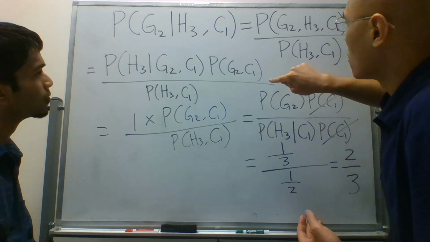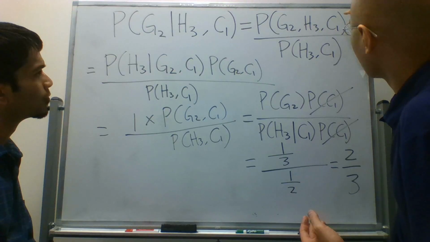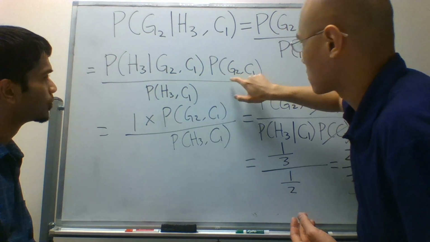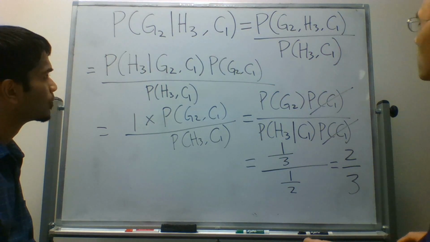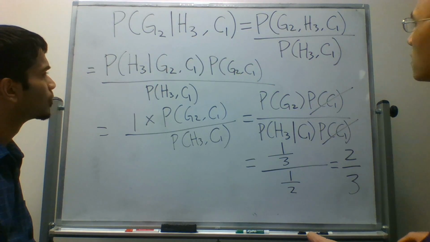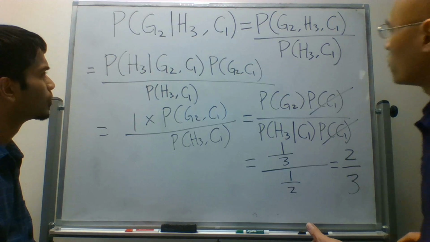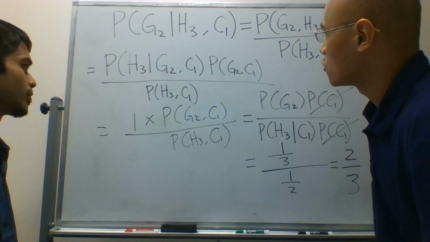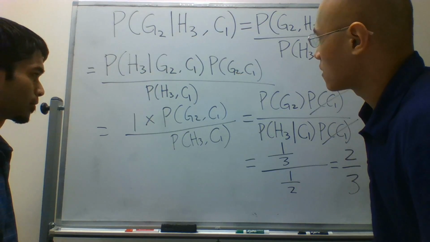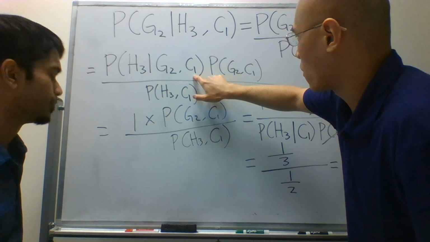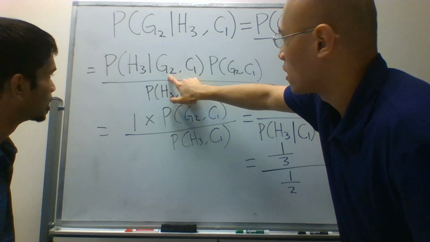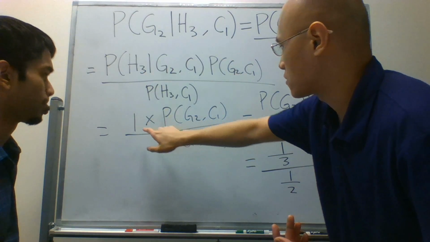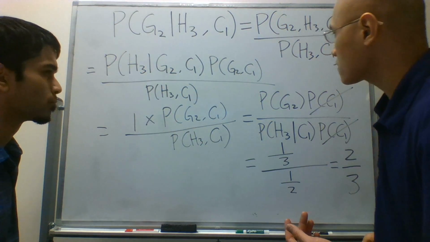Then we rewrote this numerator like this. And we know that this probability right here is equal to 1, because if the contestant chooses door number 1 and the gold is behind door number 2, there's only one door that the host can open, and that's door number 3. So the probability of this is equal to 1.